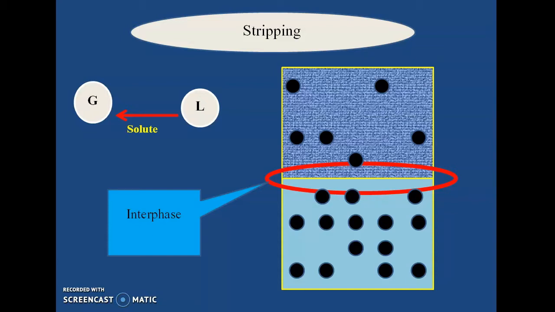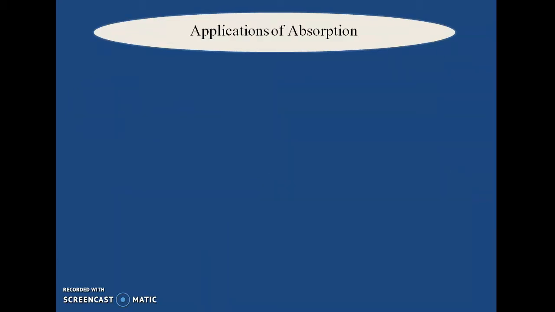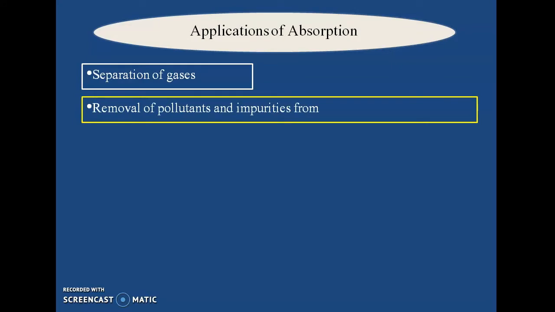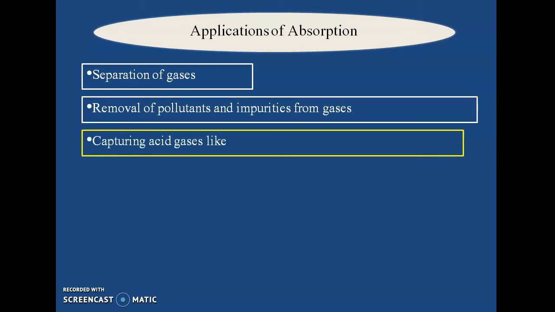Let's see the applications of absorption from an industry point of view. Separation of gases: if you want to separate some gaseous mixture into its components, you can use absorption. Removal of pollutants and impurities from gases: you can choose a suitable solvent to extract those pollutants by using absorption. Capturing acid gases like hydrochloric acid and sulfur dioxide, HCl and SO2, in industry.